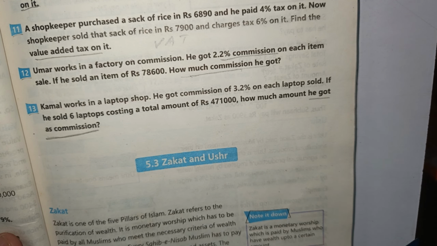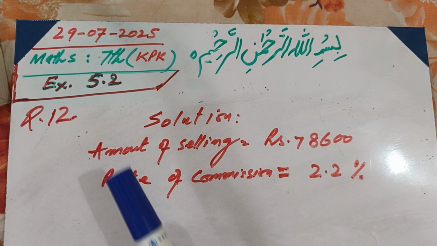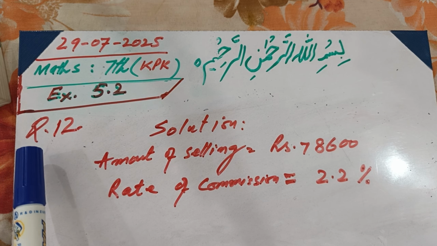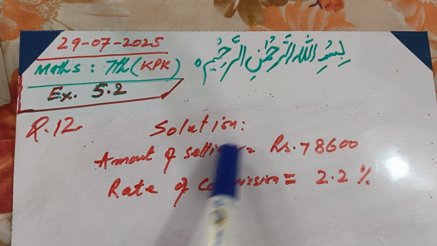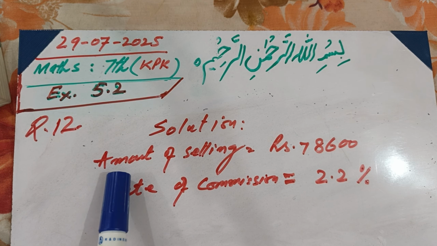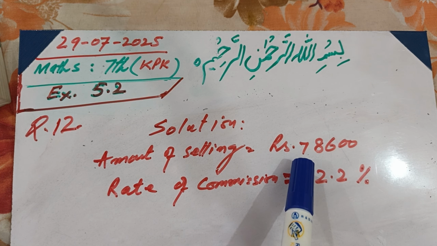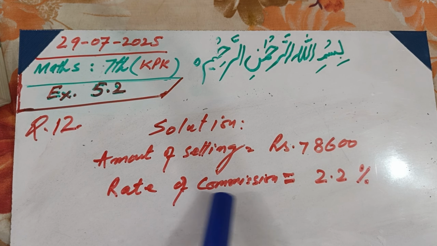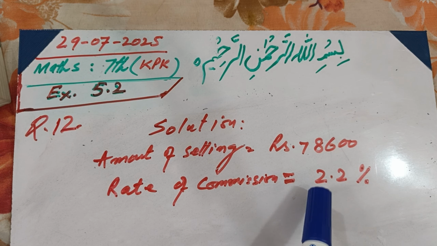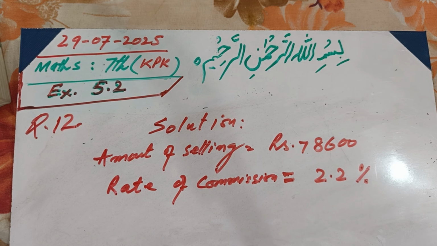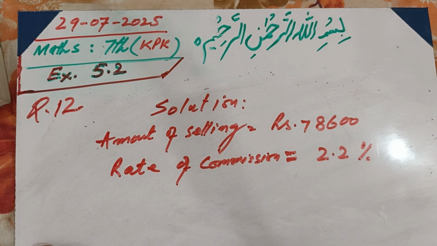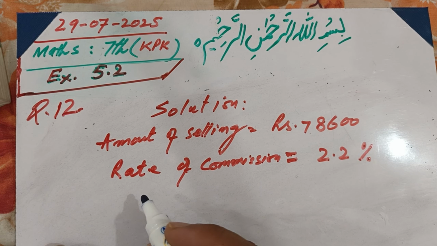Moving towards the solution. I have already written question number 12, its data. I am going to read: amount of selling of the item is rupees 78,600 and rate of commission is 2.2%. And we have to find the amount of commission which Umar will get.